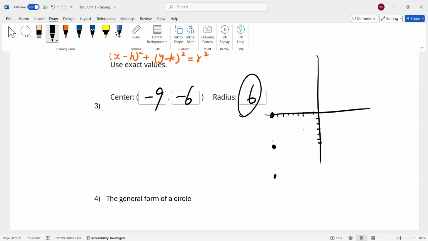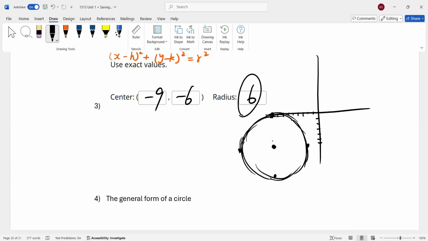And then go to the right 6 units, it will be around here. And then from the center, go to the left 6 units. Once we have those 4 points, we're very close to drawing a very clean circle, right? It's going to be like that.